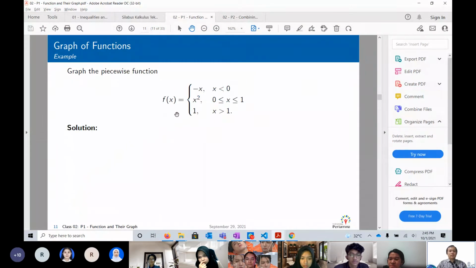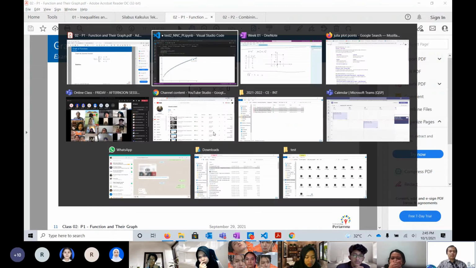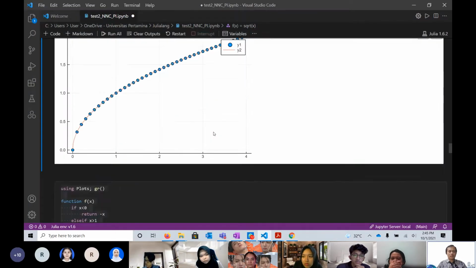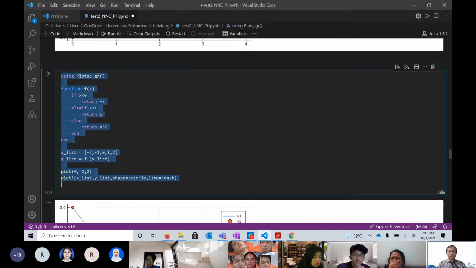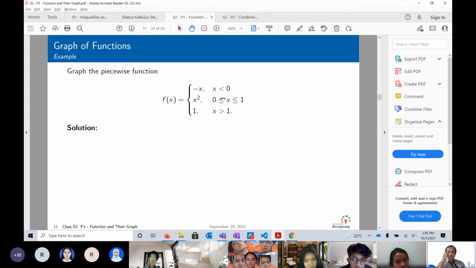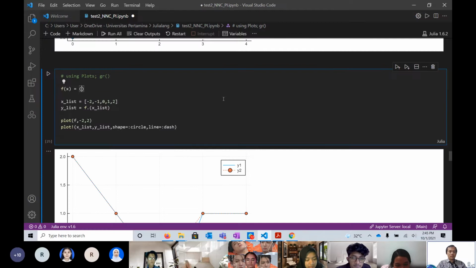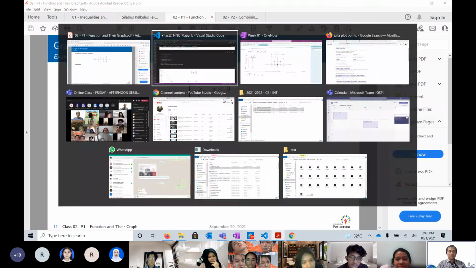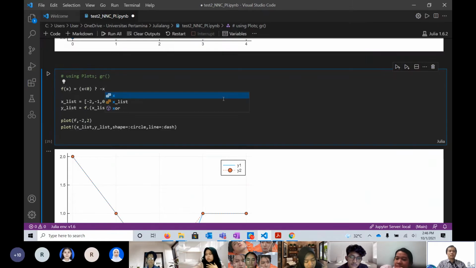If not, then now try to graph this piecewise function. For this, let me use again this code. The piecewise function is f of x: if x is less than 0, then the value is minus x.